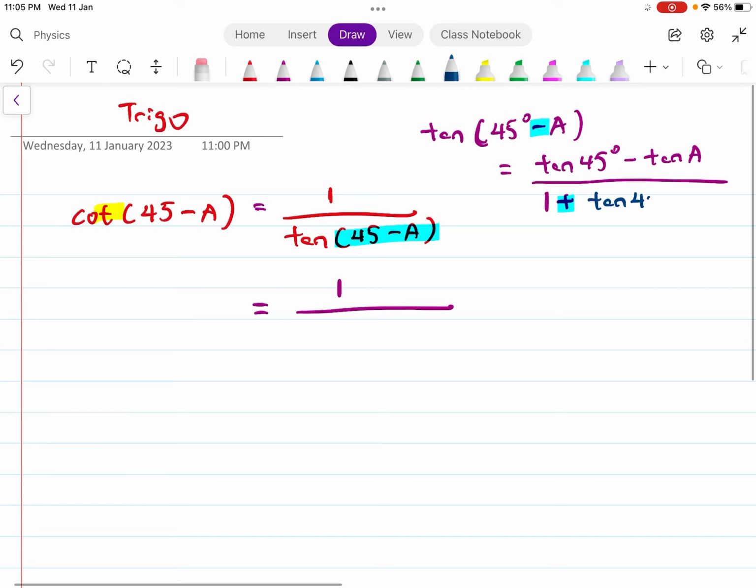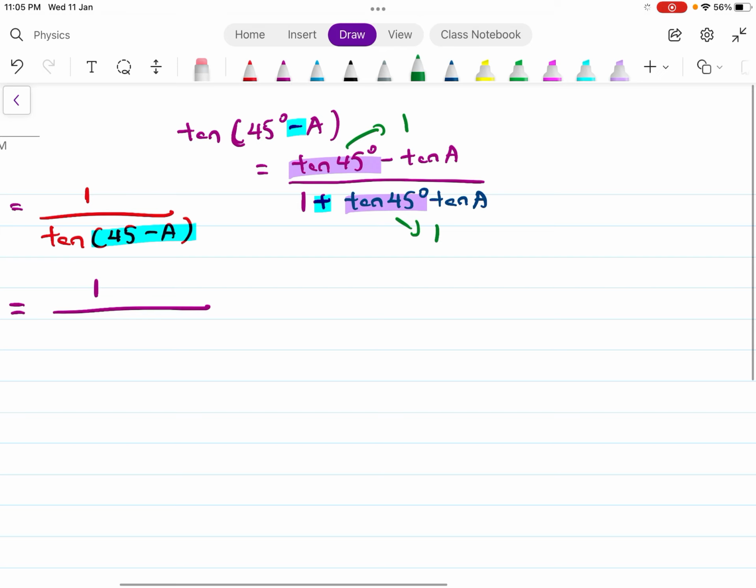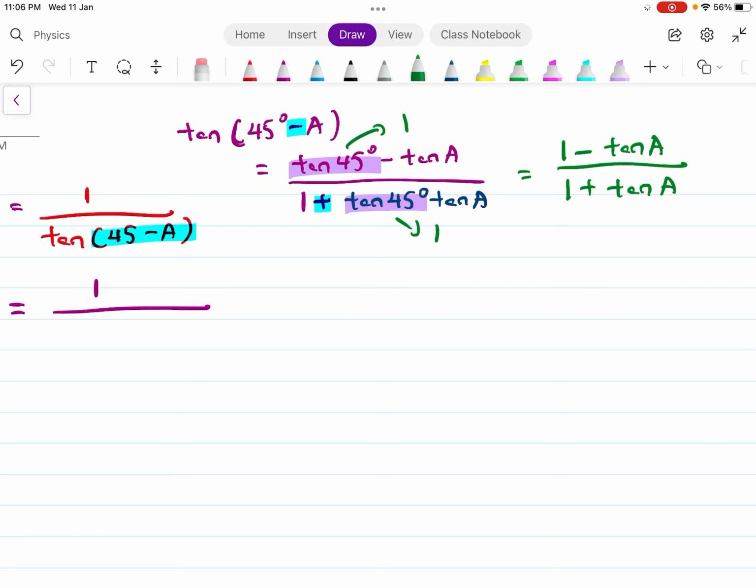So tangent 45 degrees times tangent A. Of course, if you press the calculator, tangent 45 will be equal to 1. So if I write here, it's equal to 1 minus tangent A over 1 plus tangent A. So now I have put tangent (45 minus A) in terms of this already.